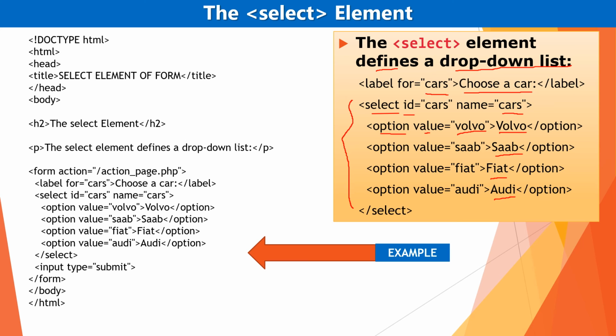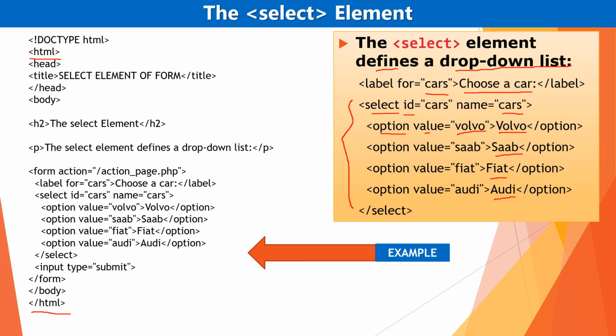Now we have given here an example of this whole form element as well as the select element. This example shows the HTML document. Very important: an HTML document starts with html in angular brackets, and it is always ended with /html.